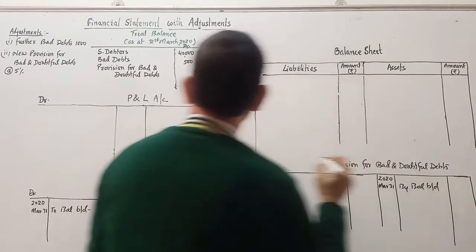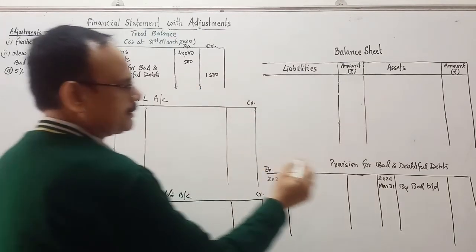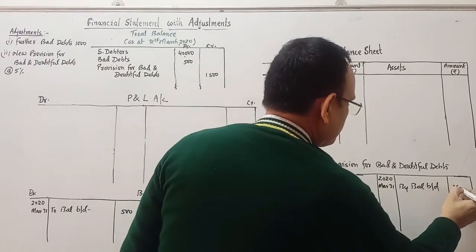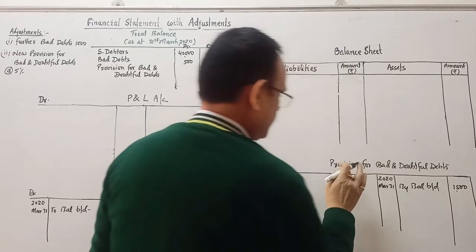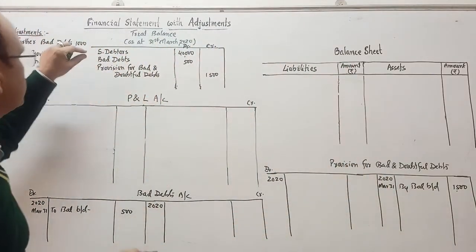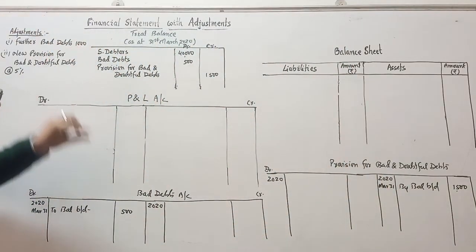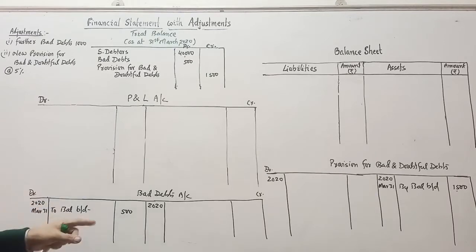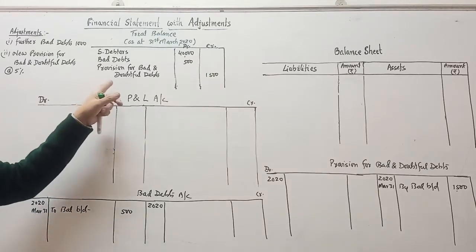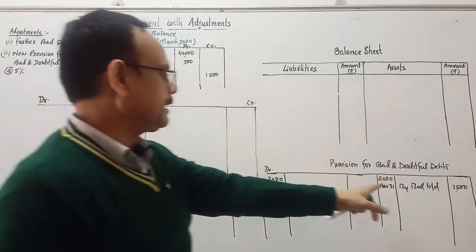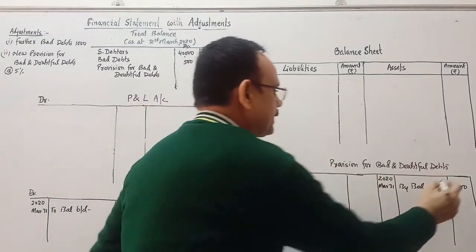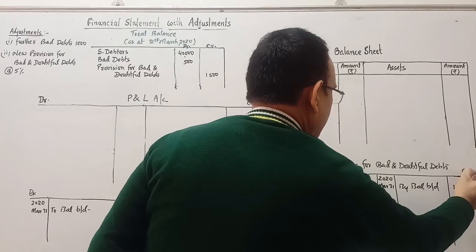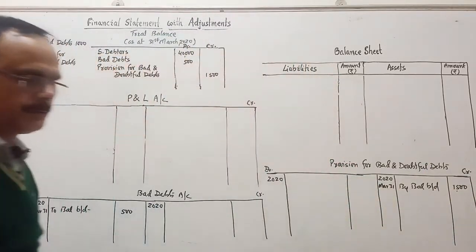How much is it? 1500. This is the opening balance of provision for bad and doubtful debts. I have posted it in the concerned ledger. In the bad debts ledger, the debit side shows to balance brought down on March 31st 2020, and provision for bad and doubtful debts has a credit balance, so I have reflected it on the credit side by balance brought down.